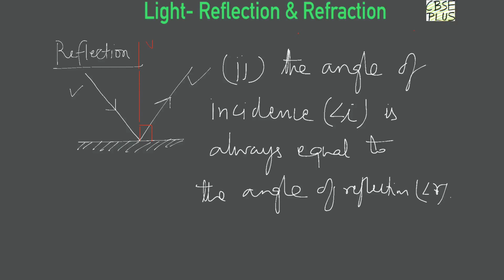Angle of incidence is the angle between the incident ray and the normal, and it is named as angle I. And the angle of reflection is the angle between the reflected ray and the normal, and that is angle R. So the second law of reflection is that the angle of incidence, angle I, is always equal to angle R, that is the angle of reflection.